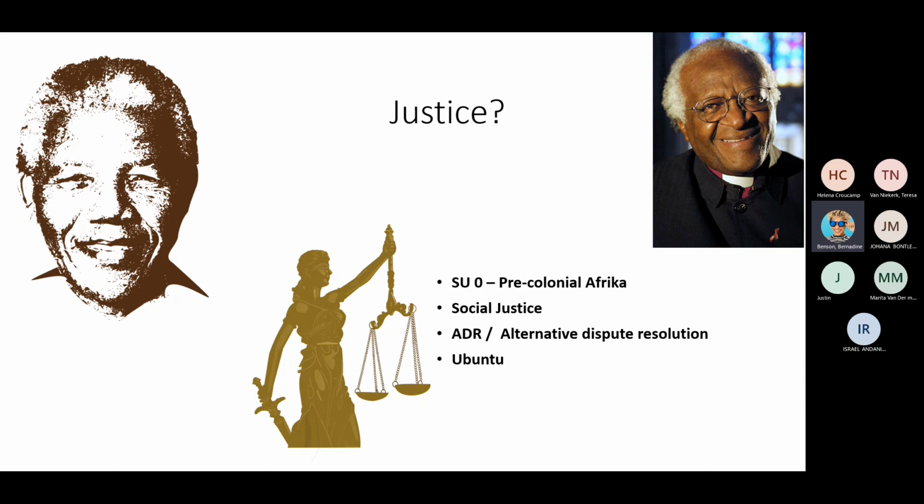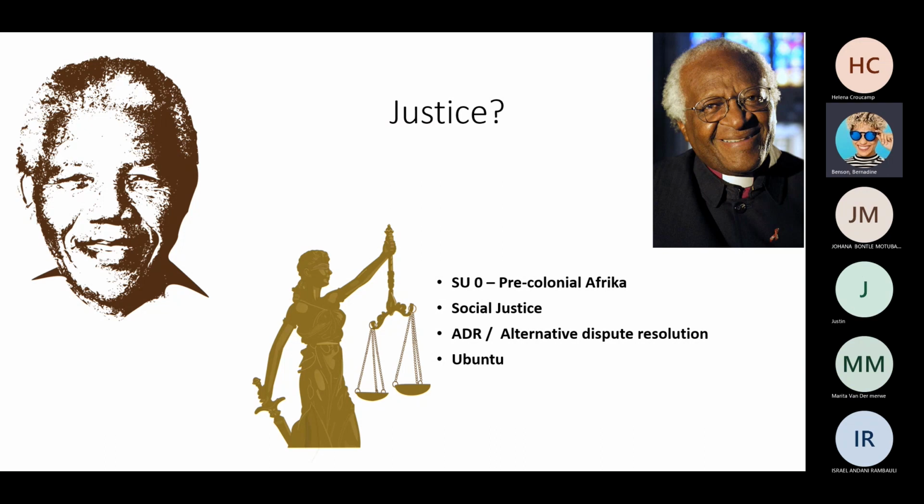this module. So in study unit 0, we briefly look at social justice, we look at alternative dispute resolution, and we look at restorative justice, as well as the African philosophy of Ubuntu.